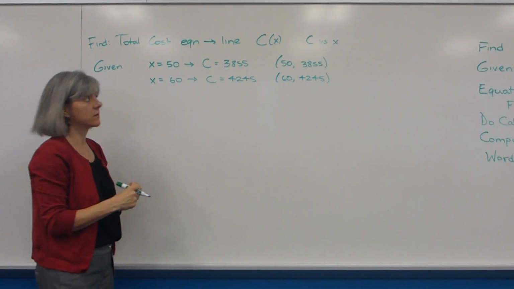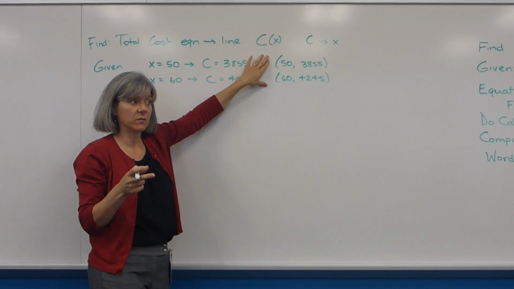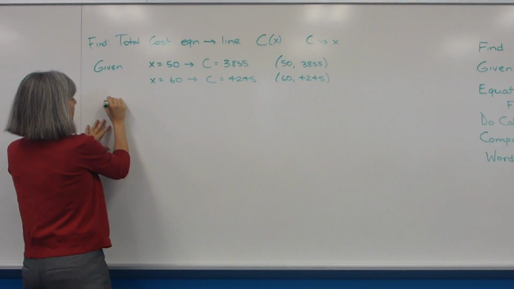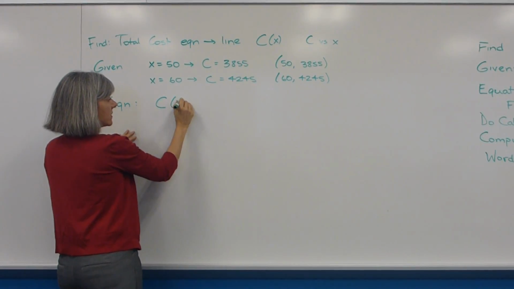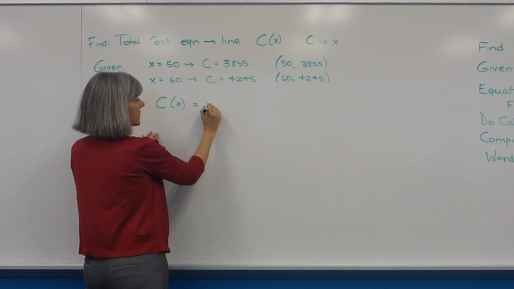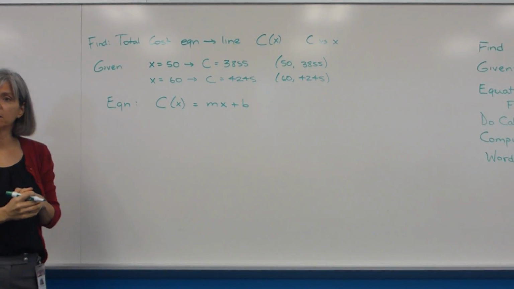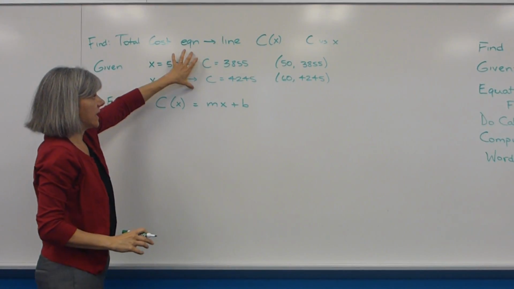So I have 2 points and I want to find the equation of a line between them. I need to find the slope. And so this is where the equation you're trying to find, what's the equation that relates these? You're trying to find the cost, and you know that its form is going to be mx plus b, right? That's the equation of a line. So this is the equation. You're looking for an equation of a line, and now I've got these points.